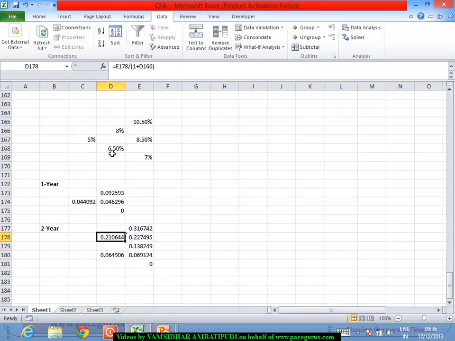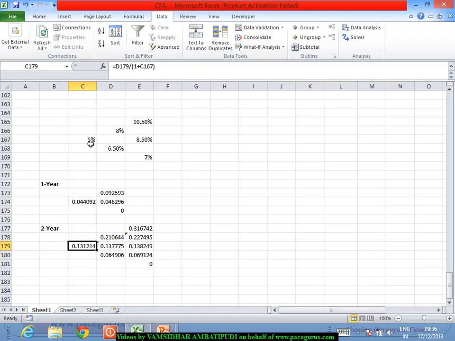Again, there is a 50% chance of this value and another 50% chance of this value. So the expected payoff here is 0.5 times 0.21 plus 0.5 times 0.06, resulting in an expected value of this much, and discount this number by 1 plus 5%, working out to 0.13.